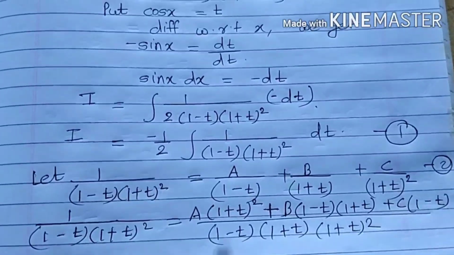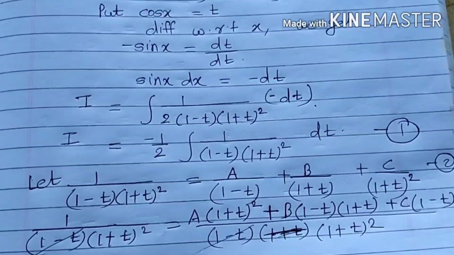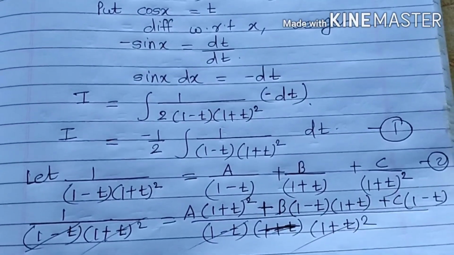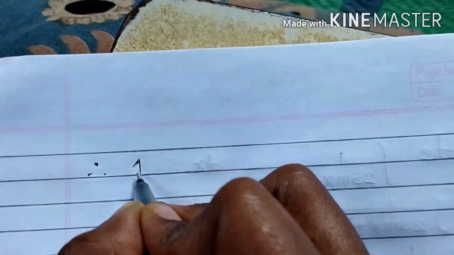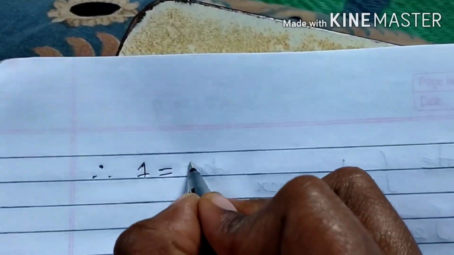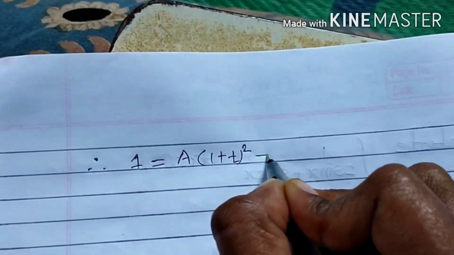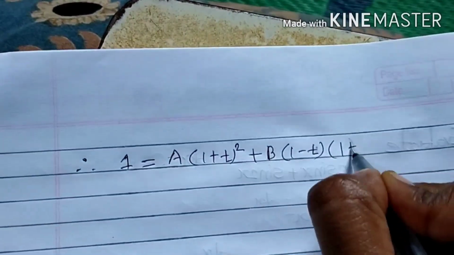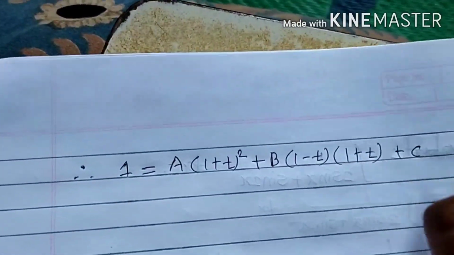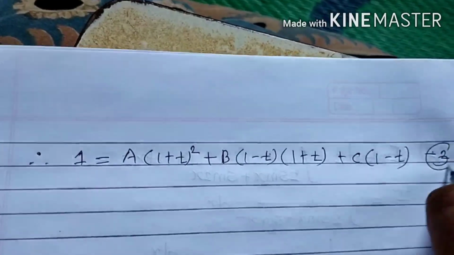So sorry, here is only (1 plus t) square. So (1 minus t) cancels, (1 plus t) square cancels. Therefore we get 1 is equal to a into (1 plus t) square plus b into (1 minus t)(1 plus t) and c into (1 minus t), which is equation 3rd.